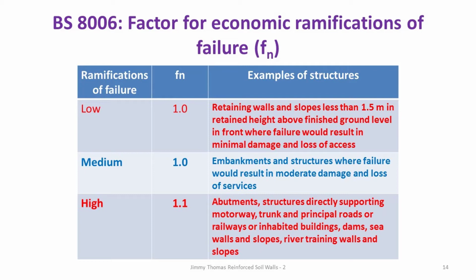Medium is embankments and structures where failure would result in moderate damage and loss of services, again a factor of 1. Then high is like bridge abutments, structures directly supporting important roads or railways, buildings, etc. Here, if a failure occurs, the consequences will be severe, so we take a factor of 1.1.